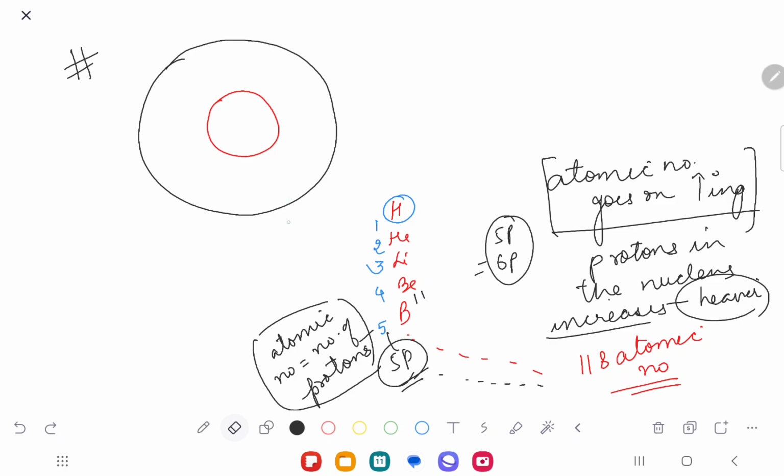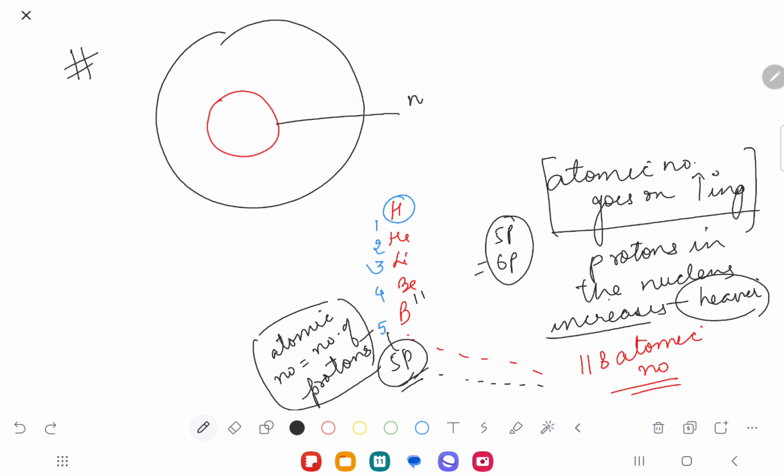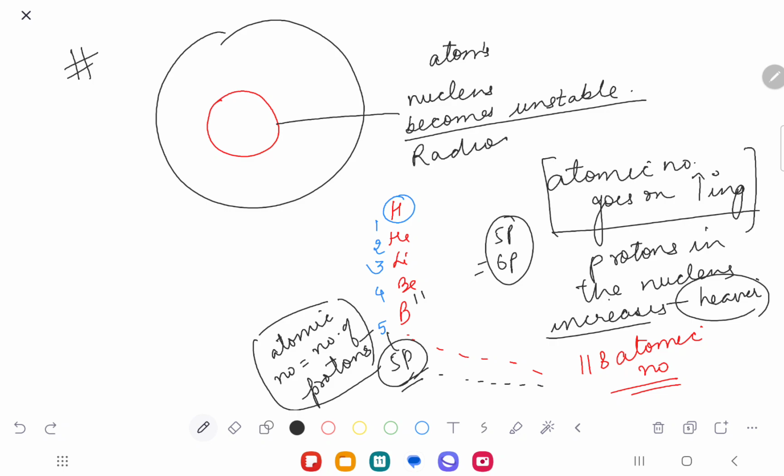And thereby, these atoms' nucleus becomes unstable. Which is why we say that these elements become radioactive. Radioactive elements are those whose nucleus is unstable.